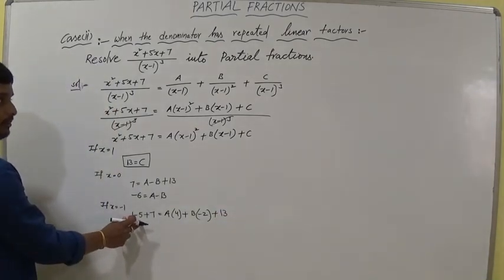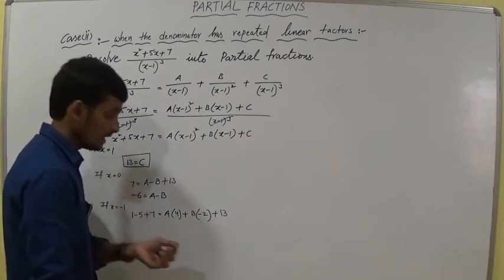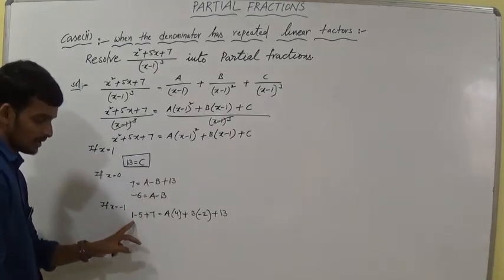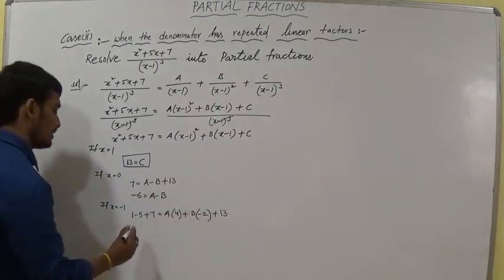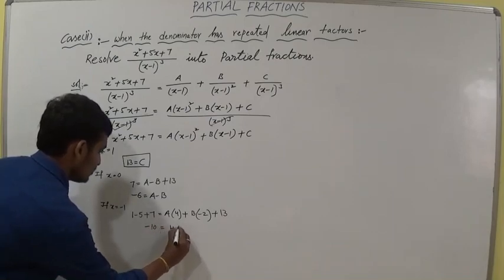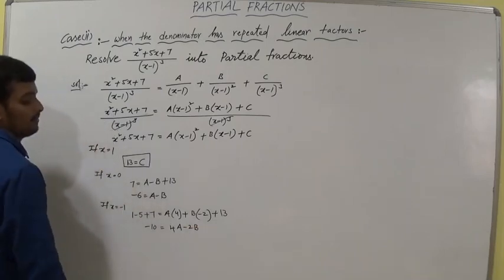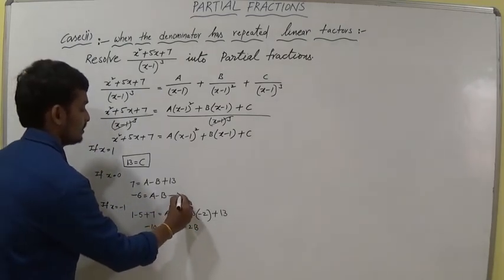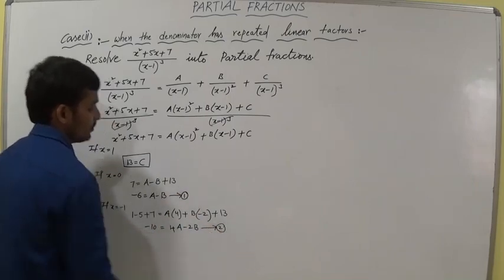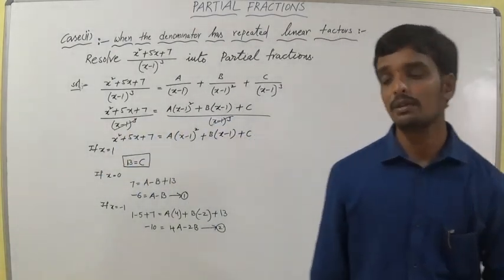1 minus 5 is minus 4, minus 4 plus 7 is 3, plus 13 comes to here, 3 minus 13 is minus 10 is equal to 4a minus 2b. So we are keeping, this is equation 1, this is equation 2. We can solve the first and the second equations by elimination method.